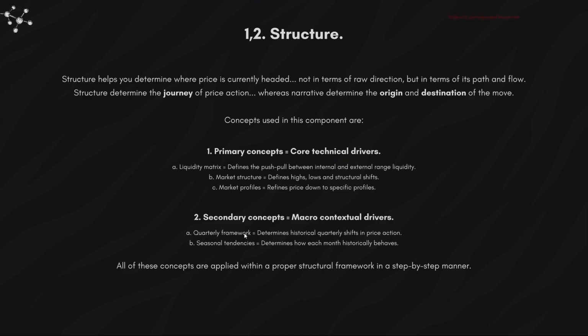And the underlying idea within the quarterly framework is that every 3 to 4 months we have a quarterly shift in price action. Every 3 to 4 months price action shifts and we move into a new trend. The underlying trend changes and we shift into a new trend. That's the underlying idea within this framework right here. So using that idea, you can build a directional idea and then establish a bias from that.